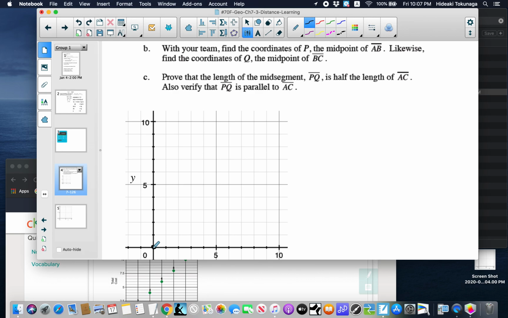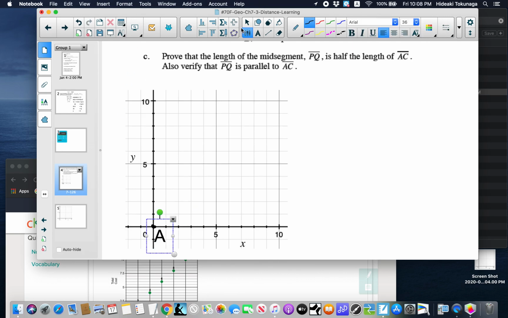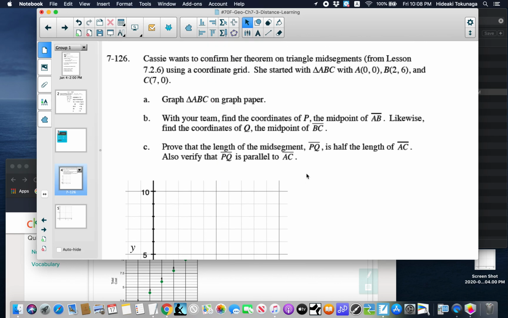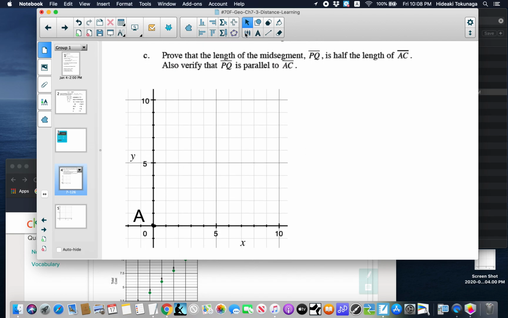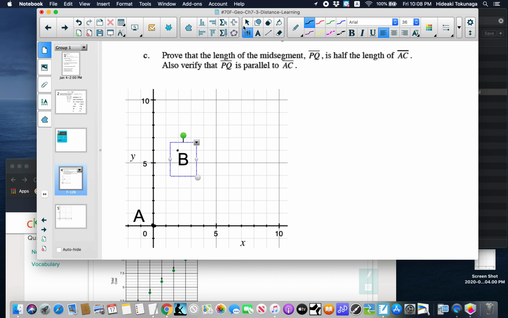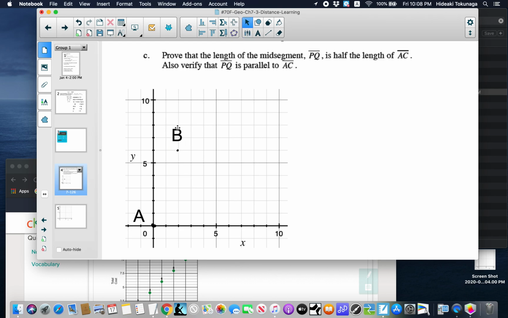I put A. B is (2, 6). Counting 1, 2, then 1, 2, 3, 4, 5, 6, so (2, 6) is right here. That's B.